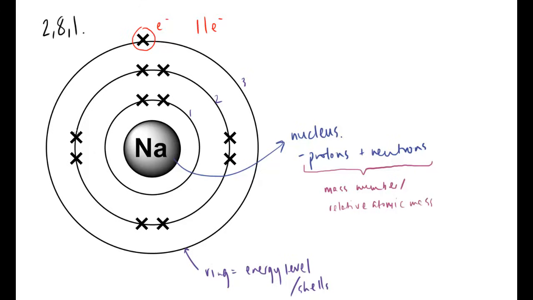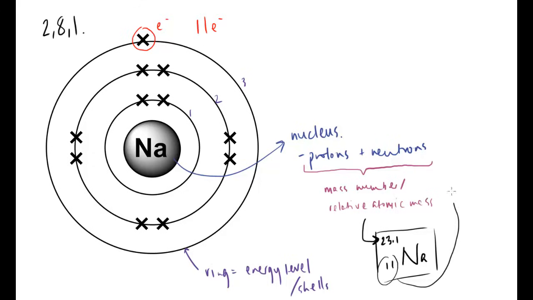And you'll see that in the periodic table. So in the case of sodium, Na, I think it's 23.1 and 11. That's what its little square on the periodic table would look like. And in this case, the relative atomic mass is this guy here. This top, the bigger of the two numbers, which leaves us a bottom number.